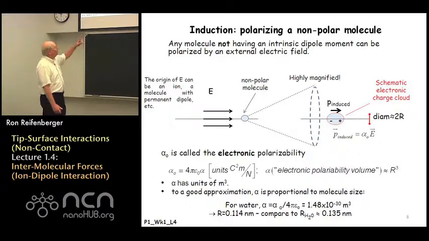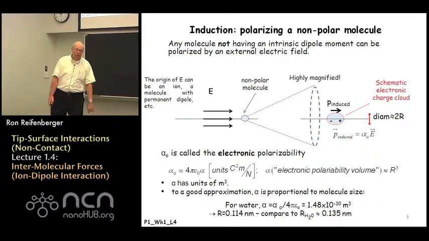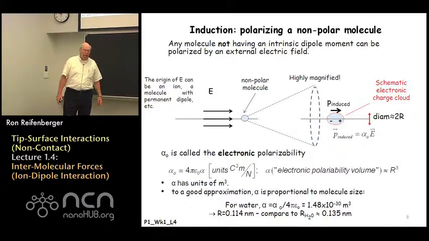So if the atom or molecule has a diameter, let's say 2 capital R, as indicated in the right-hand cartoon up here, then the electronic polarizability volume is on the order of R cubed. That's the volume of that particular atom or molecule. And to a reasonably good approximation, polarizabilities scale with volumes or sizes of atoms or molecules.